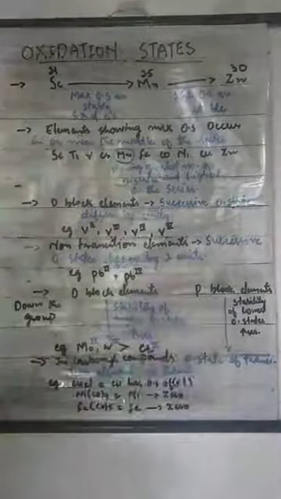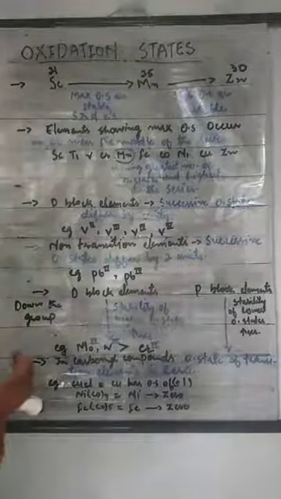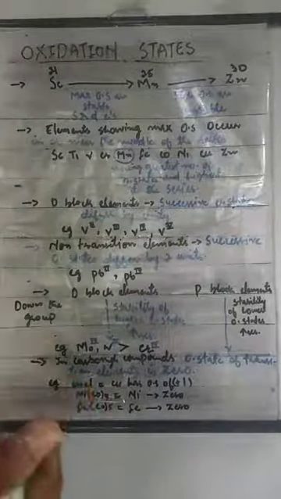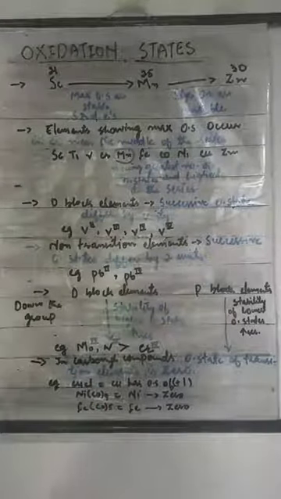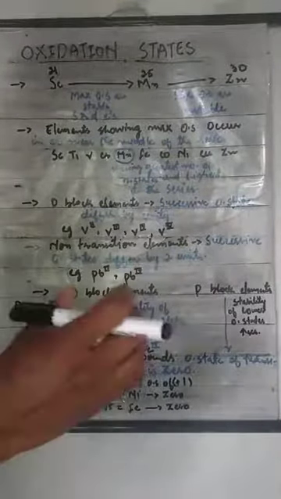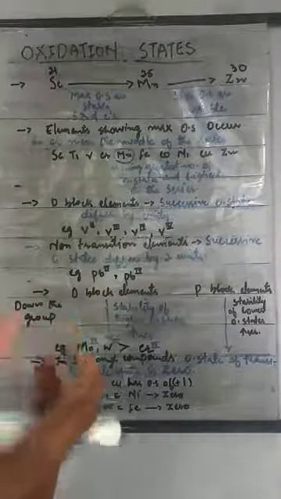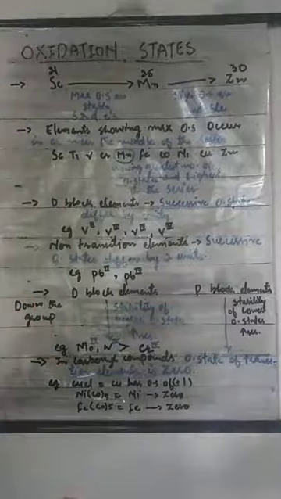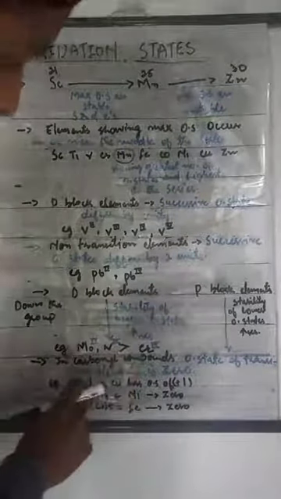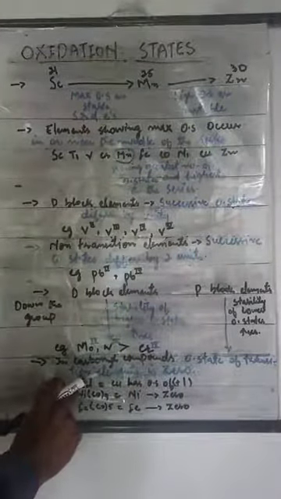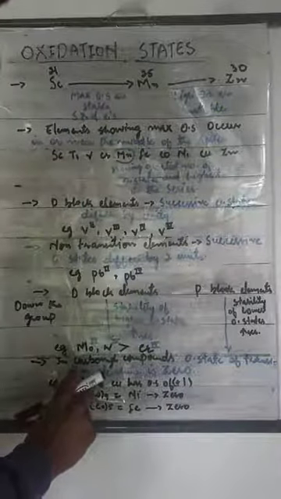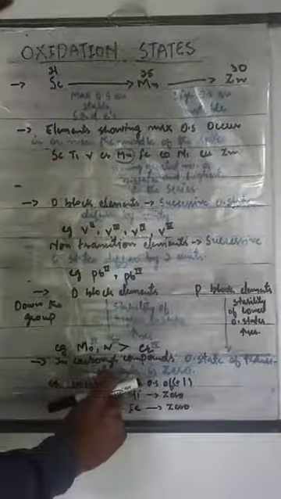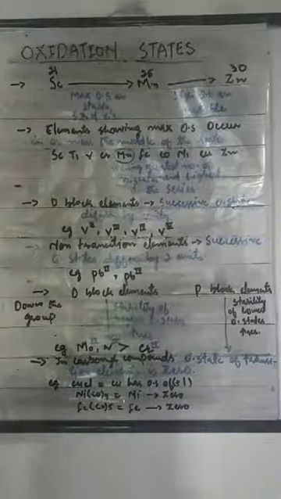In carbonyl compounds, oxidation state of transition elements is 0. When D block elements form compounds and complexes, the oxidation state of the D block element which acts as a central atom is sometimes 0. I have taken an example of CuCl. In this compound, Cu, copper, has an oxidation state of +1.